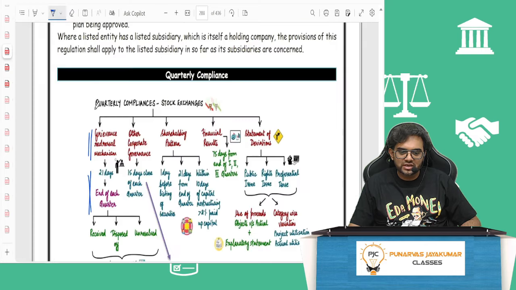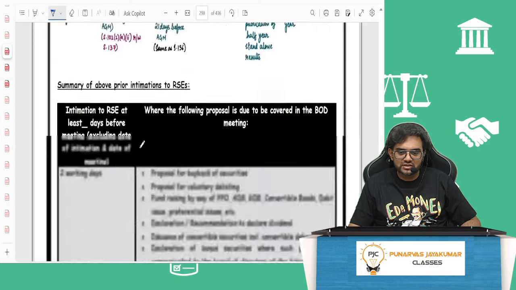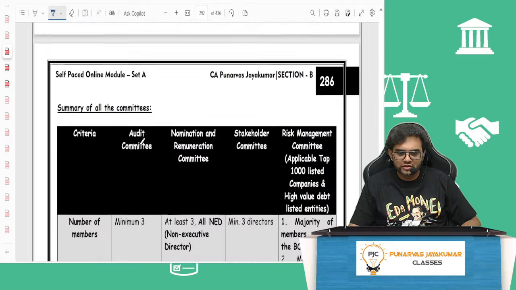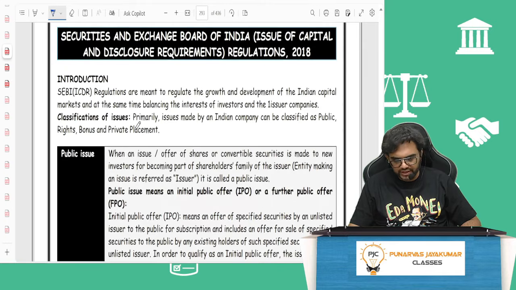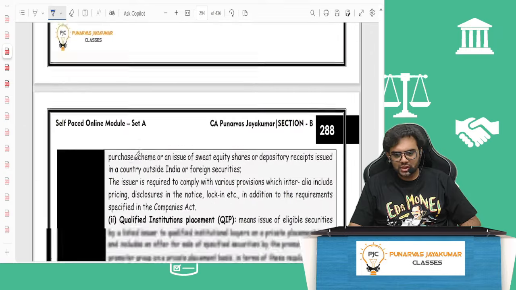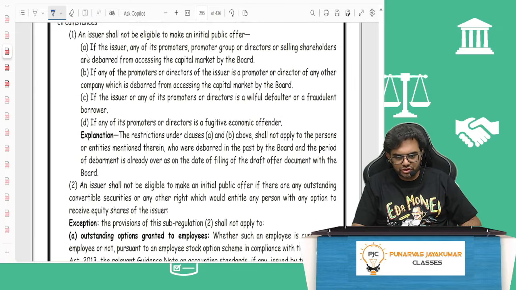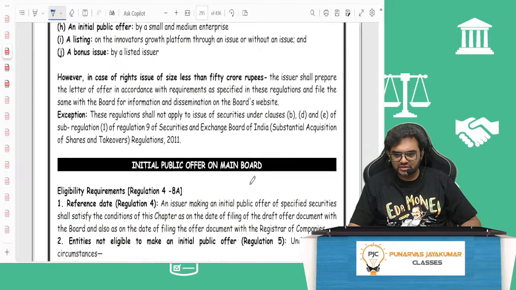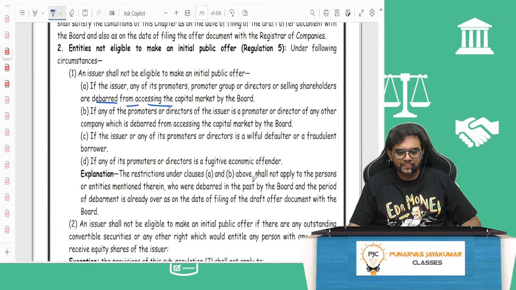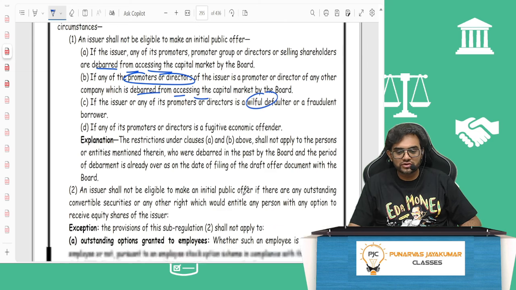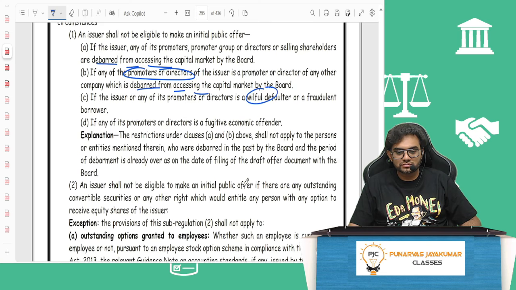They are asking about ICDR regulations, that is your issue of capital and disclosure requirements. What are the conditions of IPO? There are certain conditions. Here, you should not be debarred from accessing the capital market, page number 289. If you have been debarred from accessing, even if you're an individual or director, then you're not allowed as a company. If you're a willful defaulter, not allowed. When the period of debarment is over, then you can become, no problem.